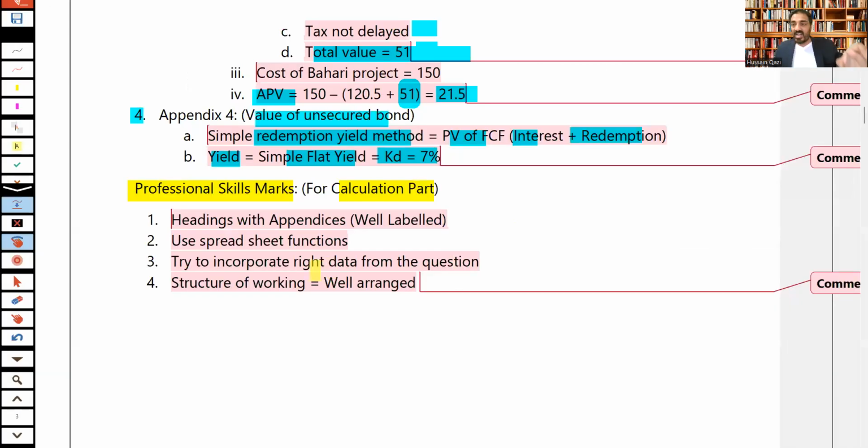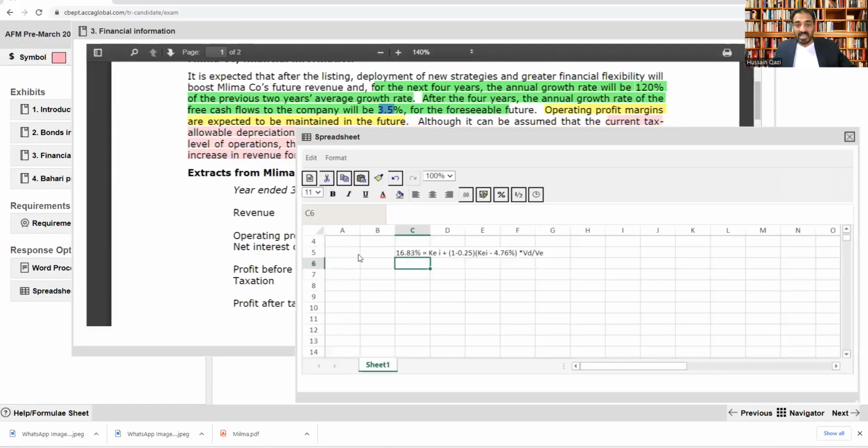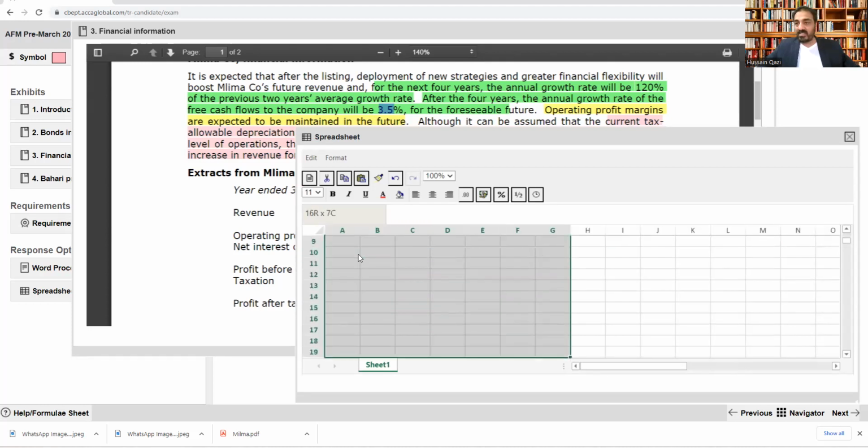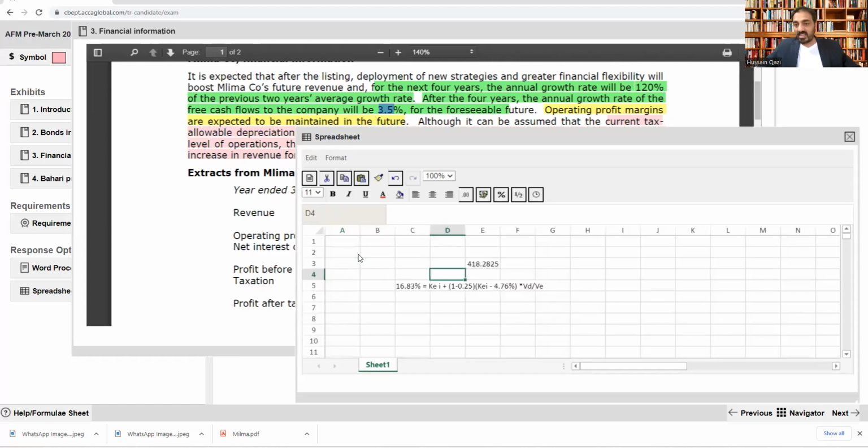That means try to incorporate right data from the question. And structure working. Structure working means at the left side, for example, you are working with the main contexts, for example APV value, and the right side you have the workings.